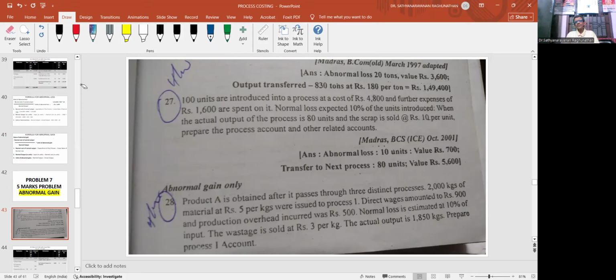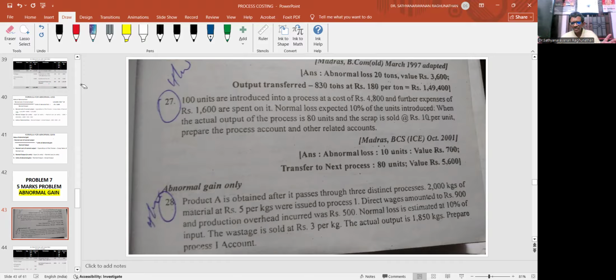Before proceeding with the problem, if you open the process account, the debit side has material, labor, overhead, direct expenses, and finally, if the problem involves abnormal gain, then to abnormal gain will come in the debit side. In the credit side, the first information will always be by normal loss. The second will be by abnormal loss, if the problem involves it. The third will be by finished stock account if it is only one process account.